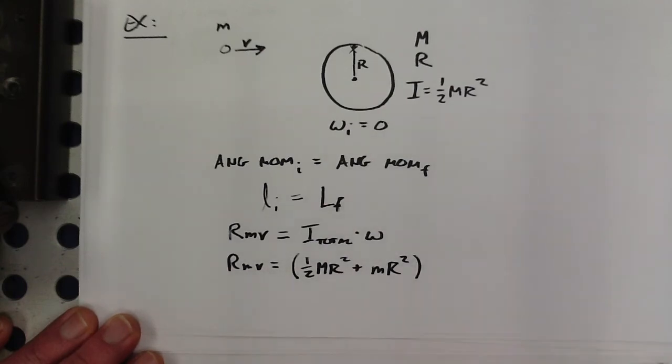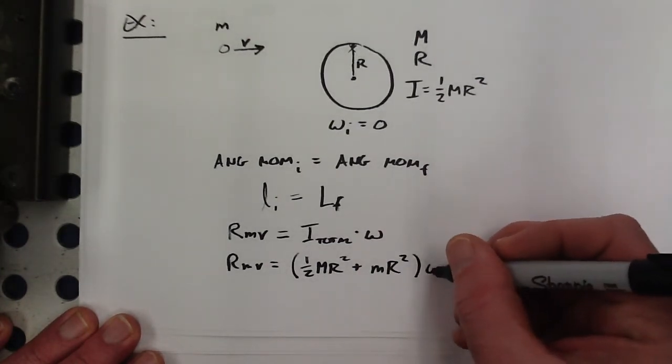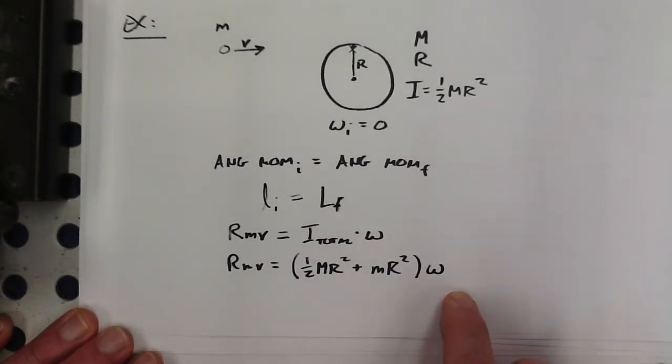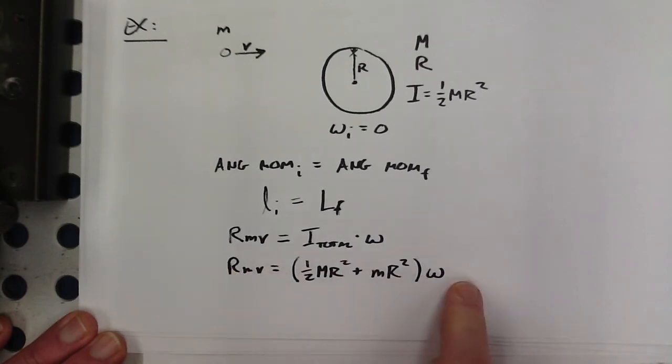And then omega. Depending on what you're trying to find here, we could solve for maybe omega or whatever. So I'm not going to do any further algebra with this. I'm just going to leave you with that.